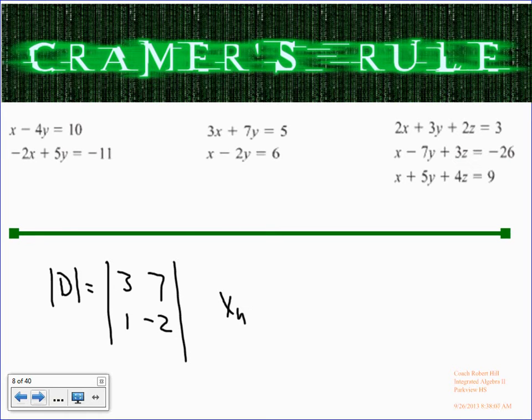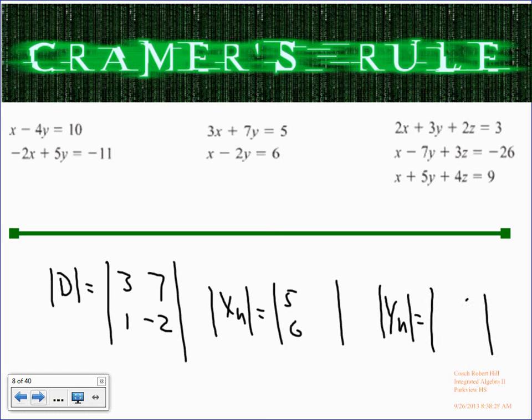Set up your x numerator matrix, I'm using sub n for numerator, by replacing 5, 6 in the x column. Okay. Set your y numerator matrix up. Again, I'm using y sub n to represent y numerator. And take 5, 6 and put it in the y column. Then what goes in the x column is whatever the coefficients are. Those numbers come from right here, because this is the coefficient matrix.